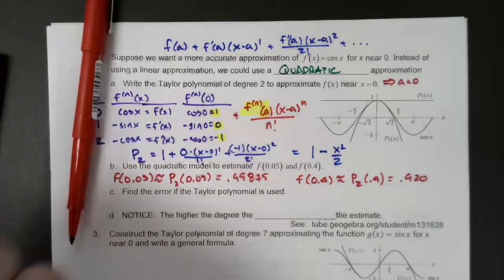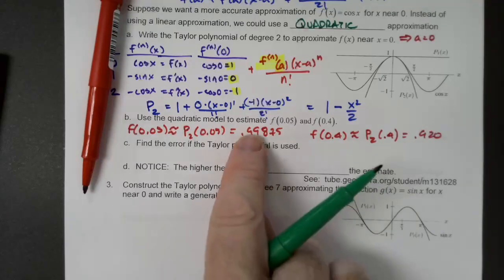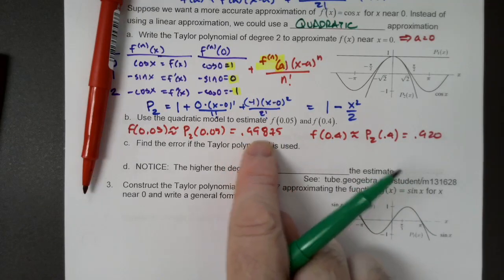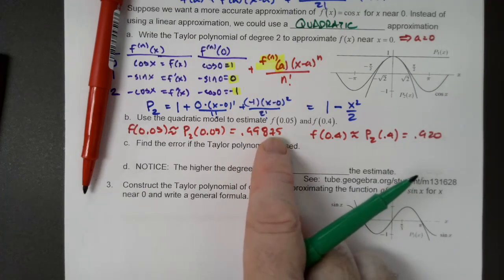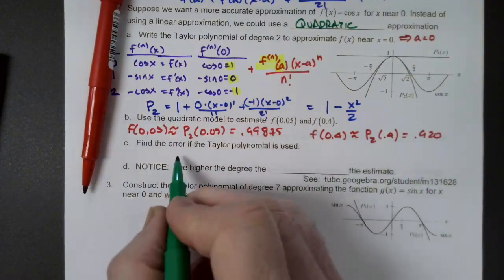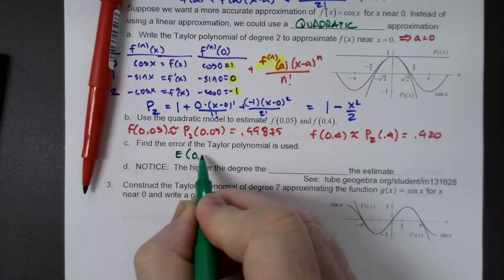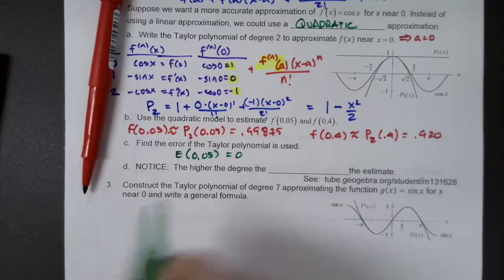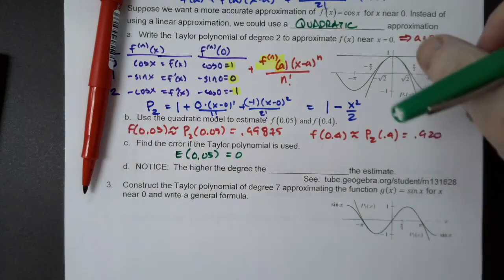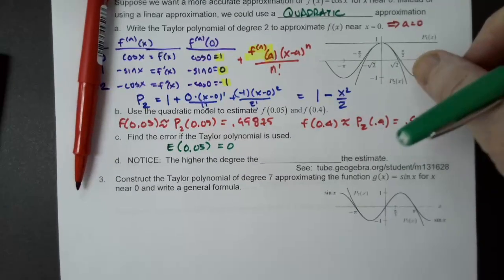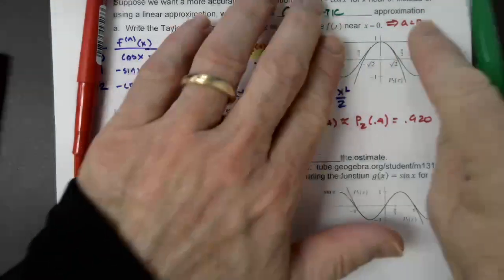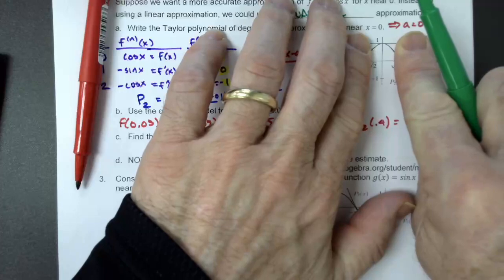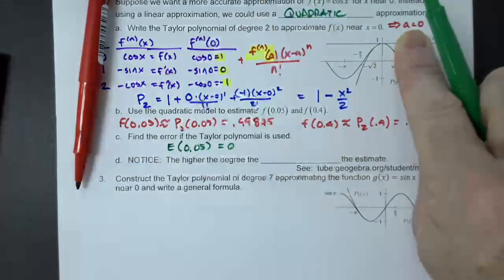And the crazy thing is that all the way out here to the fifth decimal place, the error at 0.05 actually was 0. Look how close it is. Look over here. They've graphed it for you. Look how close it is to being that exact same graph. If we were to zoom in right here, you wouldn't be able to tell the difference.